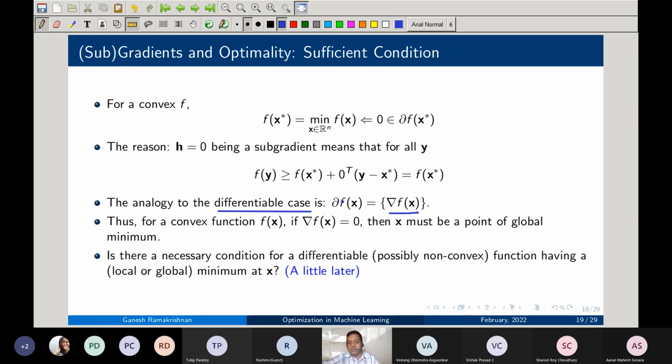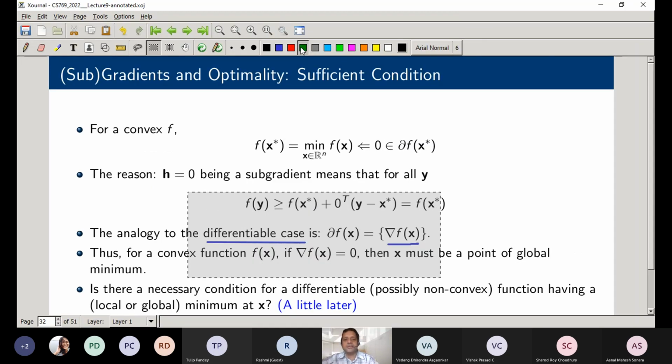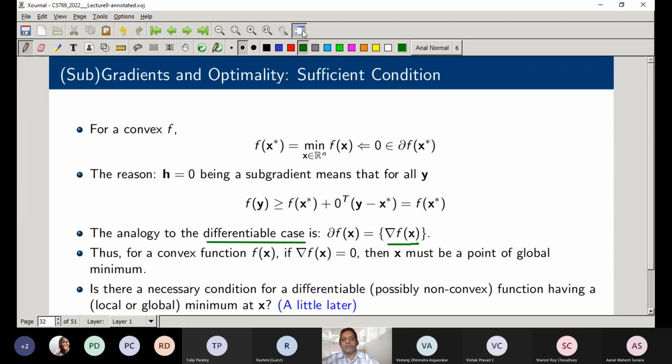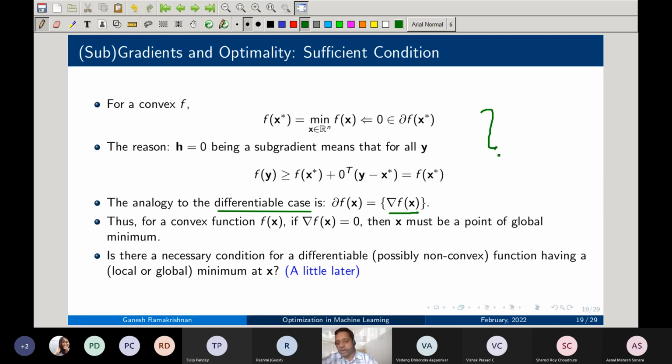In fact, you could get multiple points as solutions. Question: is there a necessary condition for a differentiable function having a local or global minimum at x? This is a sufficient condition. Let me change the color; all this is basically only a sufficient condition, not necessary.